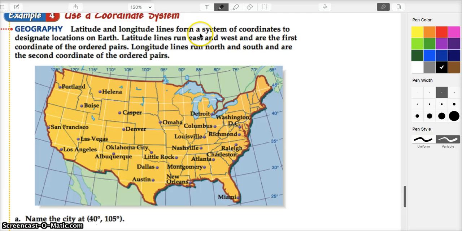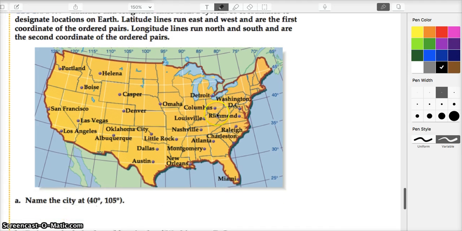Latitude and longitude lines form a system of coordinates to designate locations on Earth. Latitude lines run east and west and are the first coordinate of the ordered pair, kind of like x, right? And longitude lines run north and south and are the second coordinate of the ordered pair. So the first thing we need to do is name the city at 40 degrees and 105 degrees.